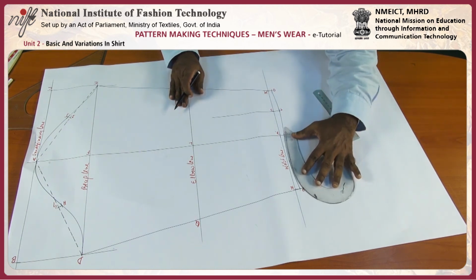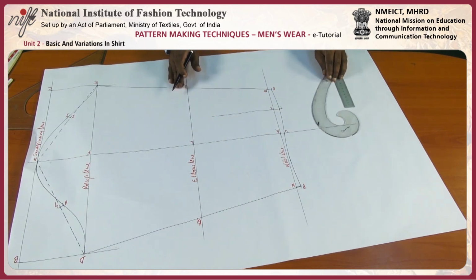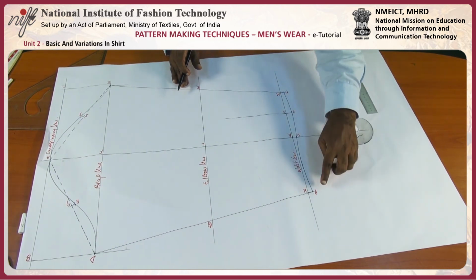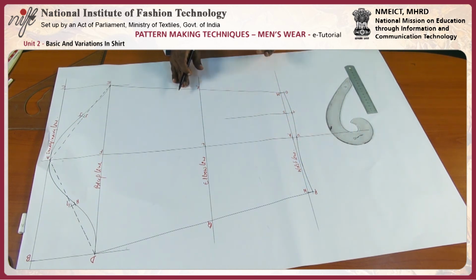This should be one continuous curve. PUTO will be the wrist line curve.